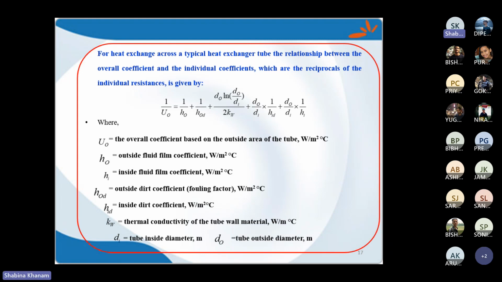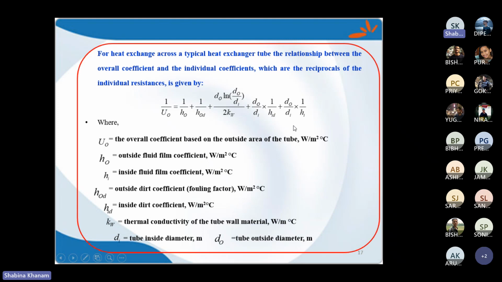Once you calculate the heat transfer area, you can decide the size of the tube, and you can calculate the total number of tubes which will be required to accommodate that heat transfer area. The point I am trying to emphasize is that it will depend on the heat transfer area, and that heat transfer area will depend on this U. Okay, and you are already calculating this U over here.